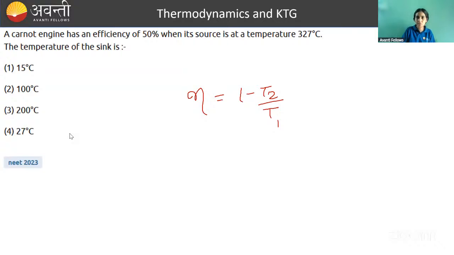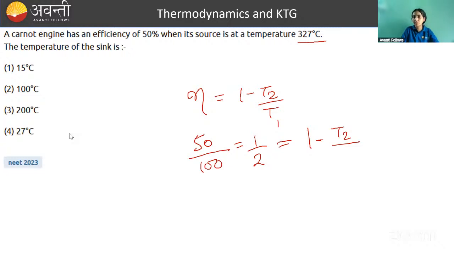It has efficiency of 50%. What does it mean? इसका सिंपल मतलब ये है efficiency is 50%, means 50 by 100, it means half is the efficiency. So this will be equal to 1 minus T2. Source temperature is 327. Temperature of sink पूछ रहा है कि T2 is getting asked. T1 is how much? 327.